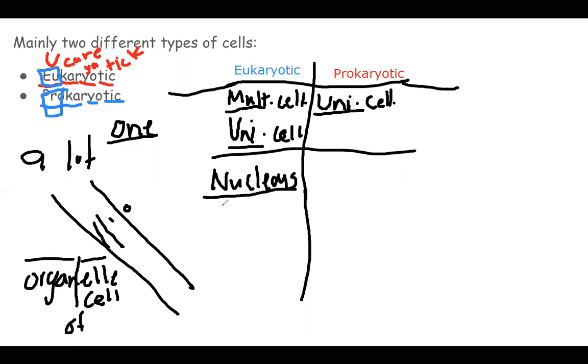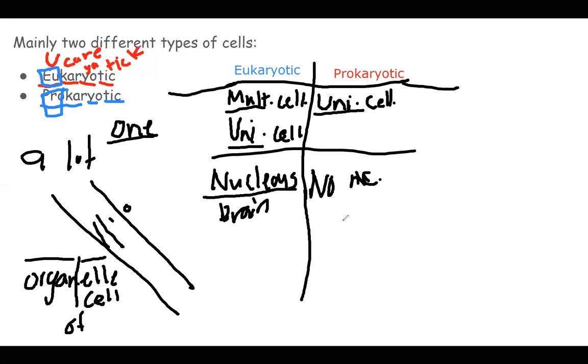Nucleus is pretty much the brain of the cell, of a eukaryotic cell. And it's kind of like what protects the genetics, the chromosomes, and the DNA inside the cell. However, a prokaryotic cell has no nucleus. I'll just write no nuke. It's shorter terms, so it saves time.